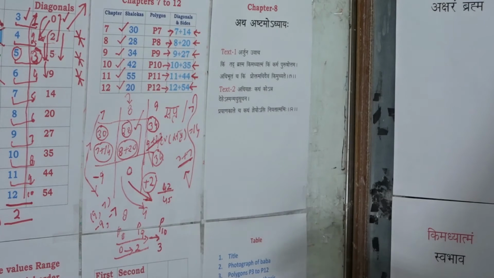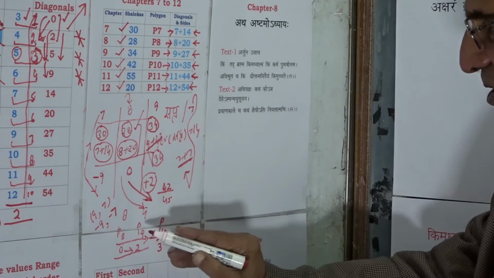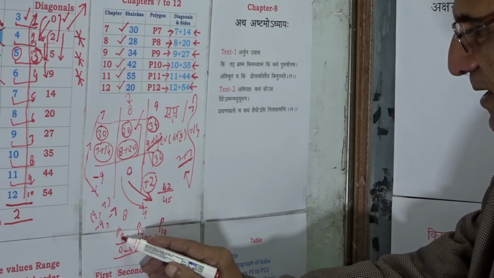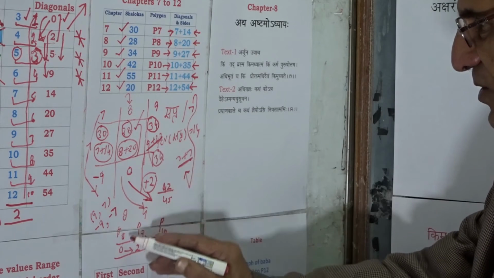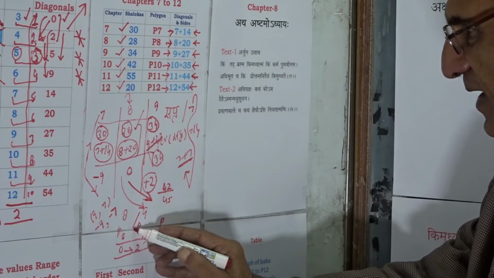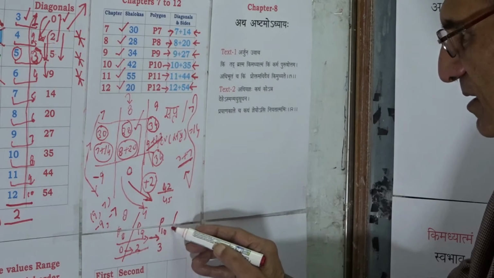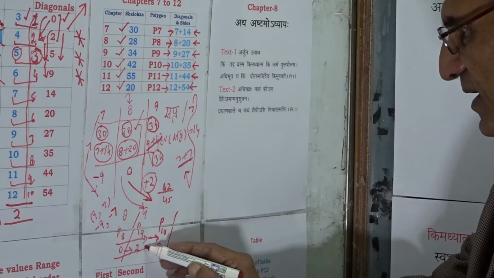See, from polygon P8 with a difference value 0, we reach value 2. A step ahead, when we reach P10, we reach value 3.